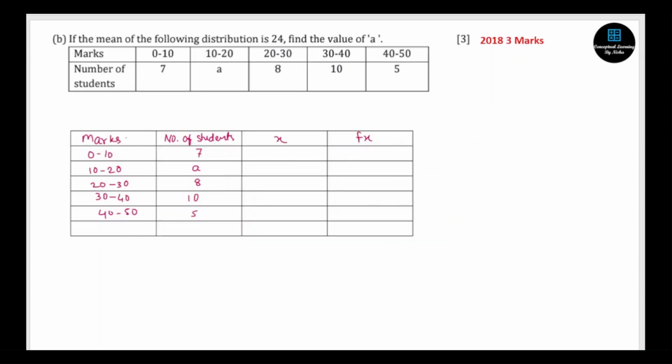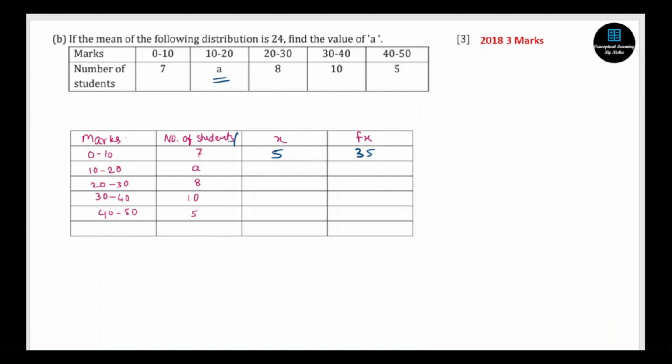Now this is a 3-marker question, a very easy one, where the mean is given and we have to find the missing frequency a. I'll quickly write those values. As the class intervals are given, we have to find the x value. So 0 plus 10 divided by 2, I'll get 5, and then I multiply f and x, so I'll get 35.